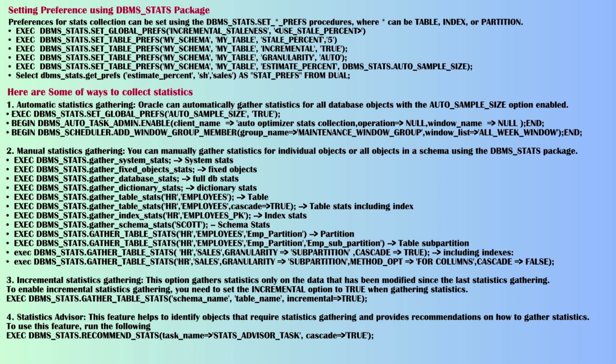Some other examples are: exec dbms_stats.set_global_prefs, incremental_staleness, use_stale_%. Exec dbms_stats.set_table_prefs, my_schema, my_table, stale_%, 5.